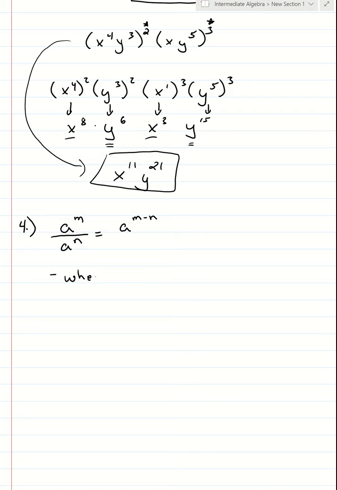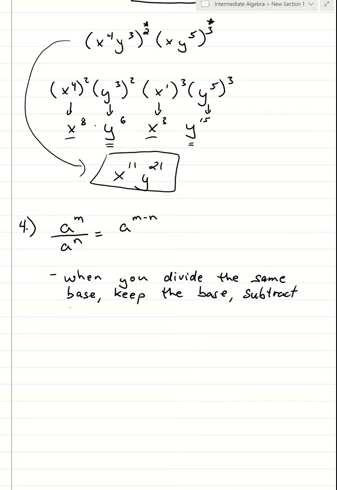Basically what this is saying, when you divide the same base, once again what we want to do is keep the base, except now what we have to do is subtract the exponents.